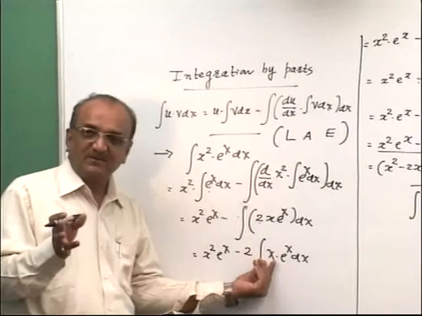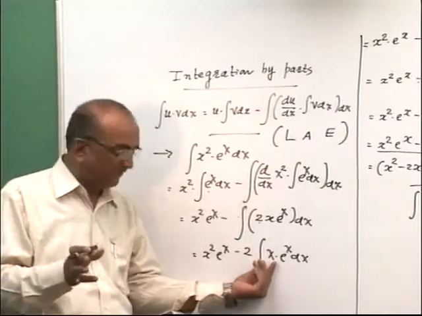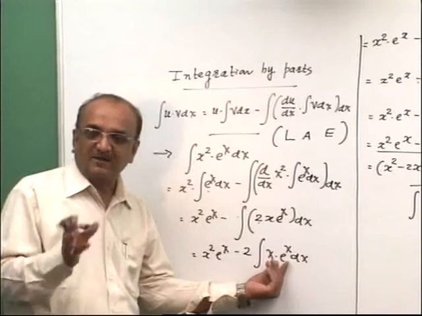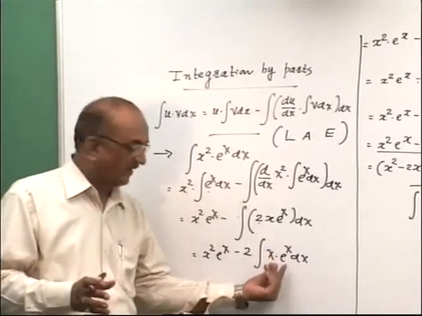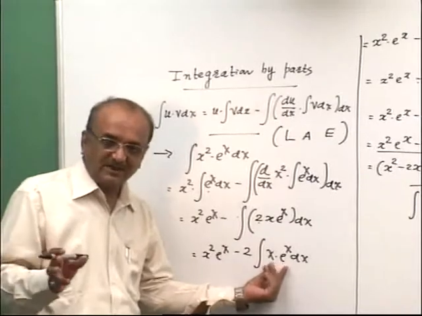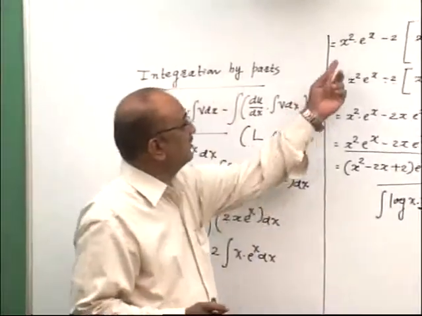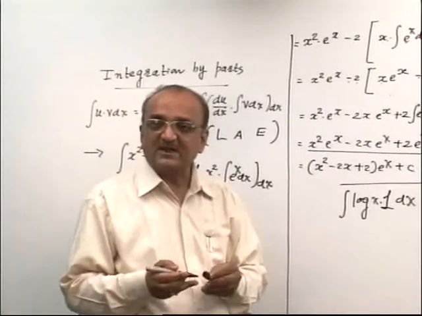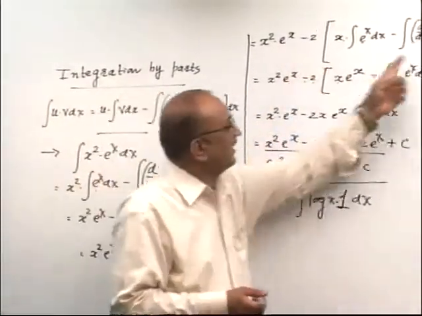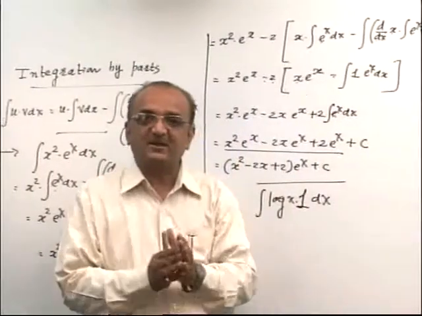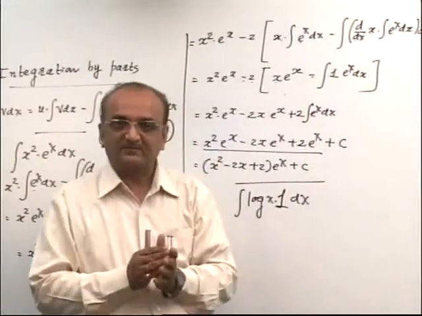What do you say? x is a part of u because it's arithmetic, and e raised to x is a part of the exponential, so e raised to x is v. I mean u is x and v is e raised to x. Now see, here I have put these two terms. The first term is x square into e raised to x, no change, minus 2 as it is. A separate bracket is for the second term, integration by parts.